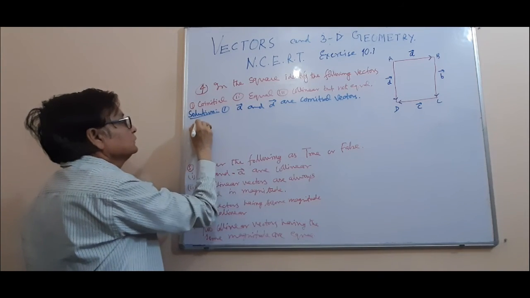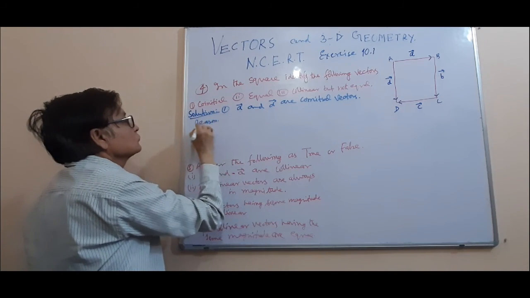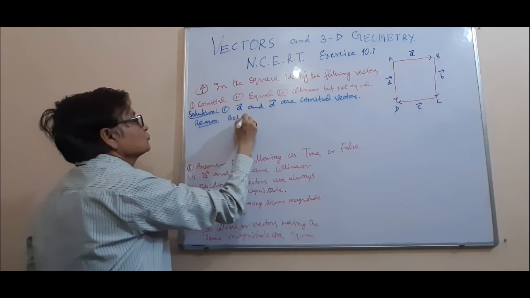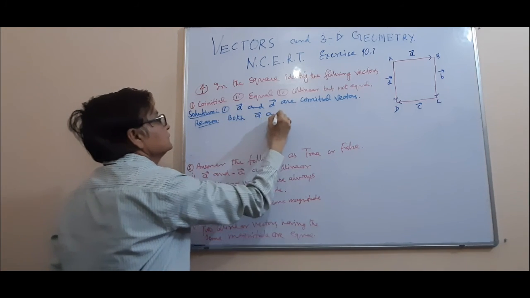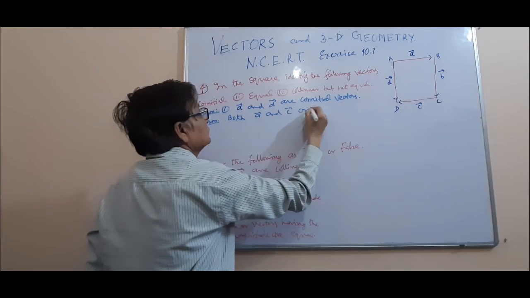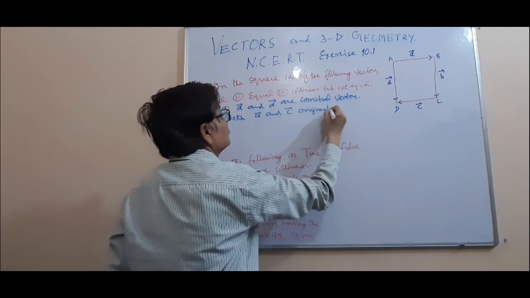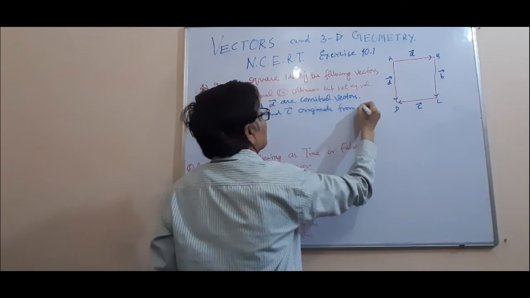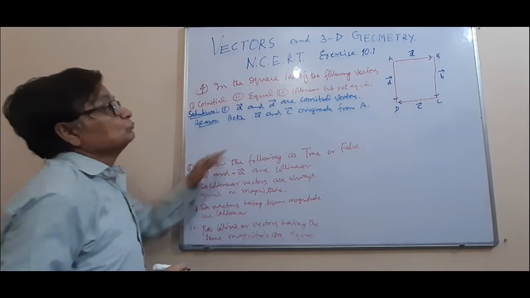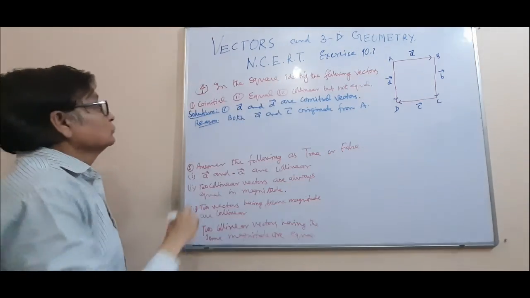Reason we can write here: both a and d originate from A. Both are starting from A. Now come to second.